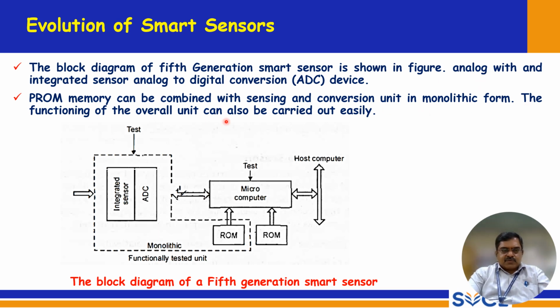The functioning of the overall unit can be carried out easily. So here the ROM, this memory unit, and the sensor and ADC all together are becoming a single unit, and then it is connected to the microcomputer, and then it is connected to the host computer. So this is the fifth generation, and we are in this generation now.